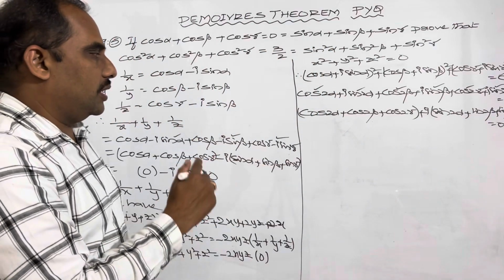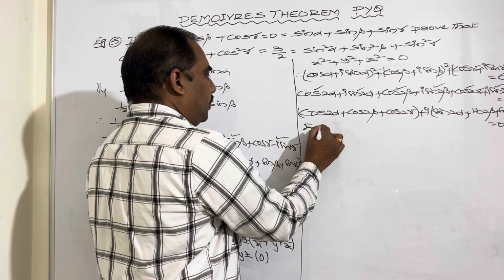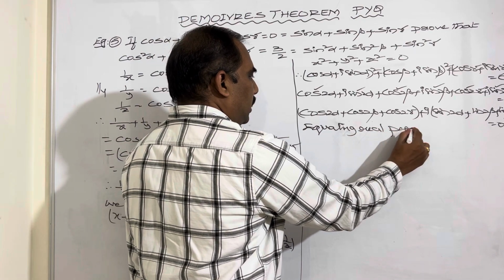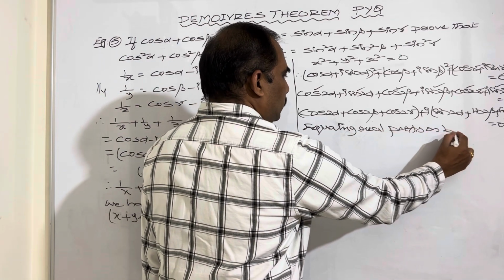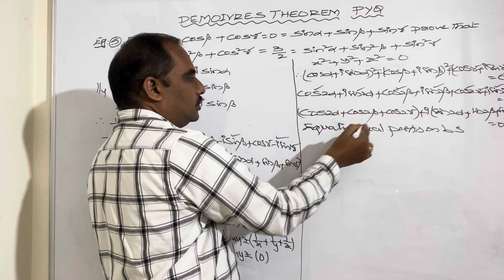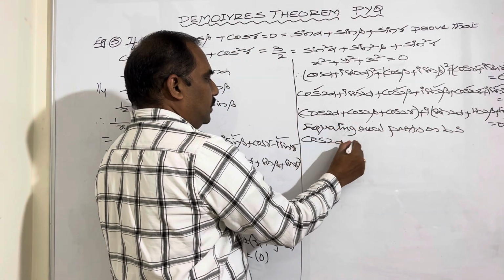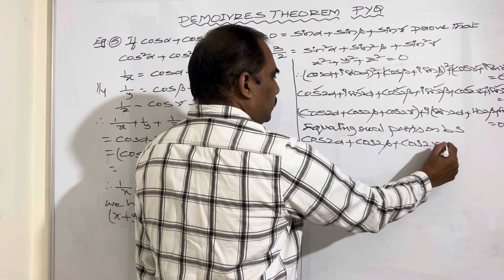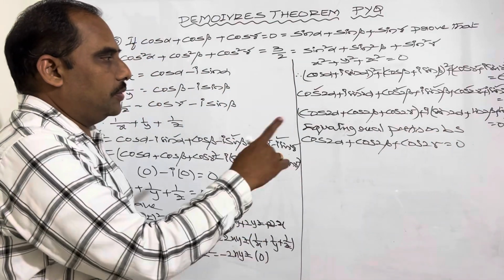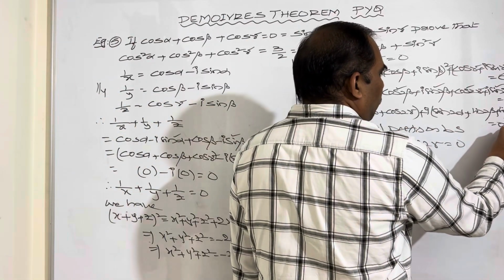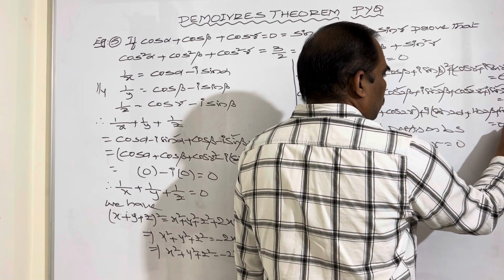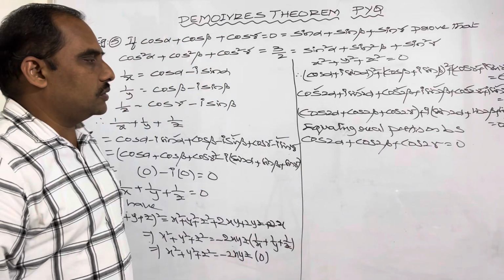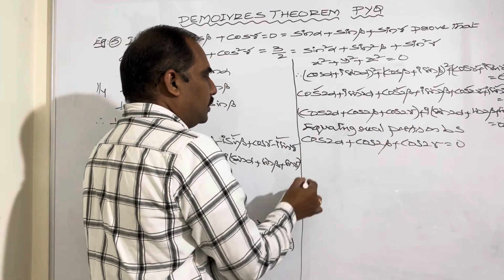Equating the real parts on both sides, we get cos 2 alpha plus cos 2 beta plus cos 2 gamma equal to 0. Comparing real and imaginary parts, 0 can be written as 0 plus i into 0. So cos 2 alpha plus cos 2 beta plus cos 2 gamma is equal to 0.